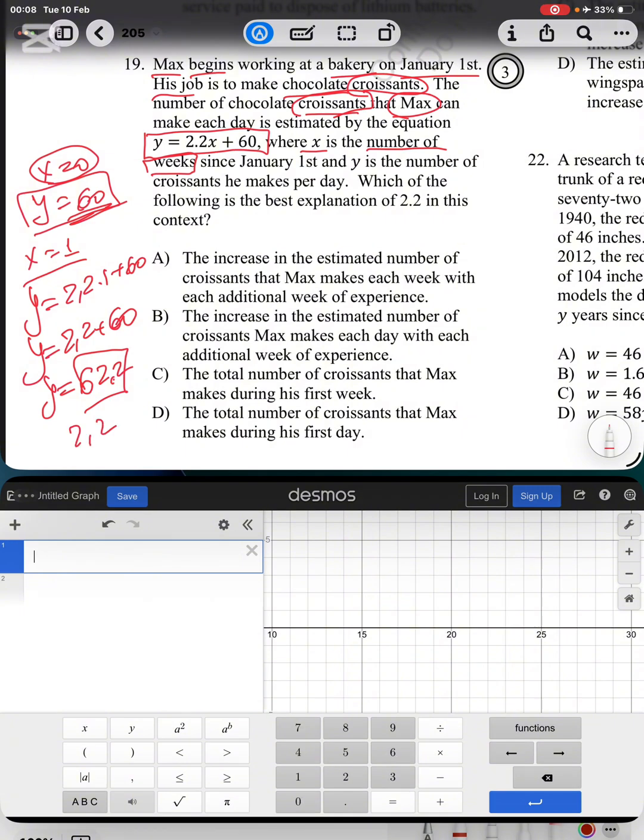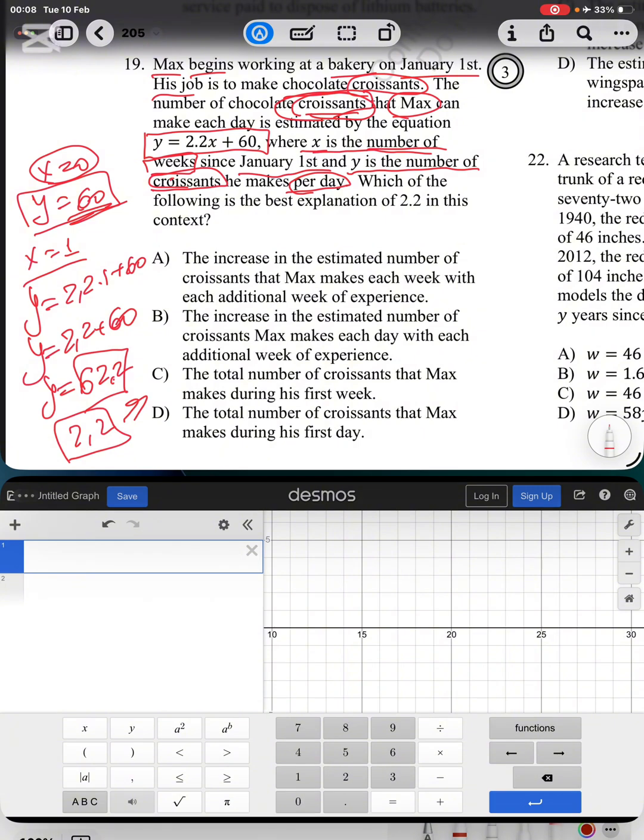Okay, 2.2 here illustrates the increasing number of chocolates in this expression, so it increases, right? Where x is the number of weeks since January 1st and y is the number of chocolates that he makes per day.